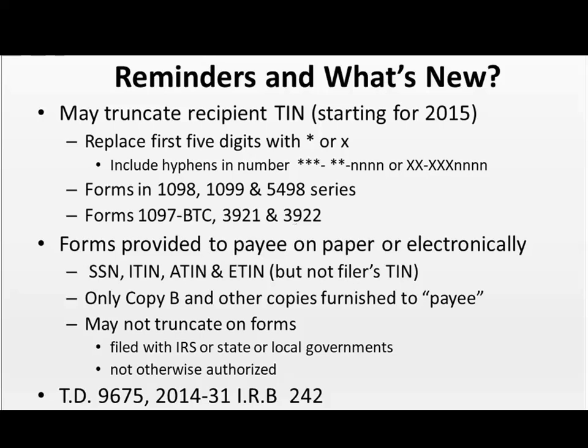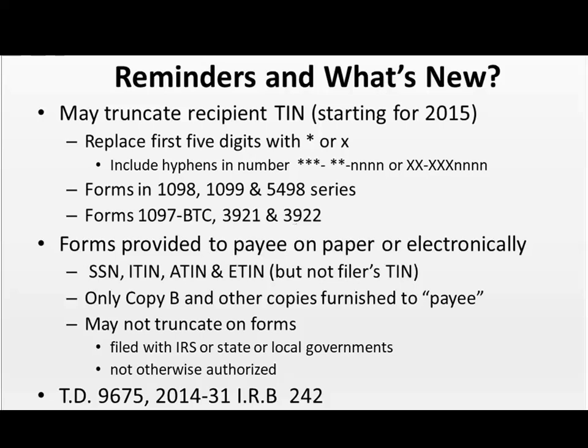The Treasury Decision 9675, released in 2014, the Internal Revenue Bulletin is listed at the bottom of this slide. It listed specific series of forms and some specific forms on which it's allowed to truncate the ID number, and it'd be forms in the 1098, 1099, 5498 series, forms 1097-BTC, 3921, 3922.